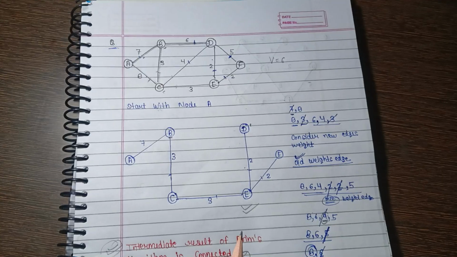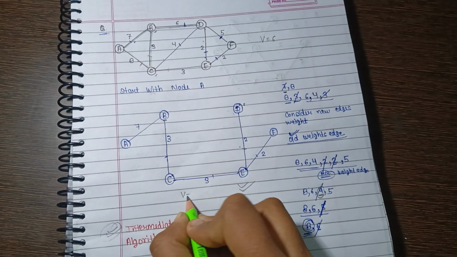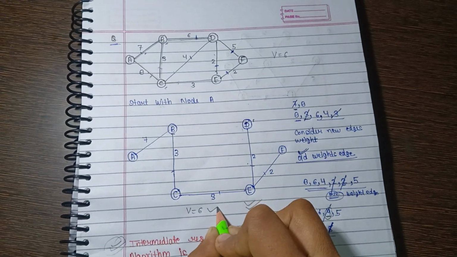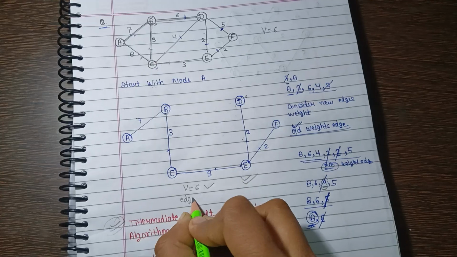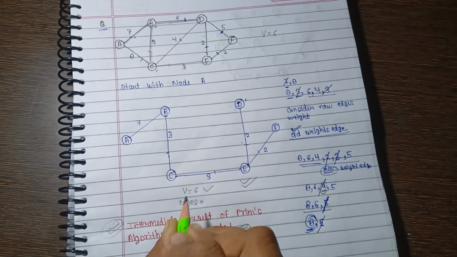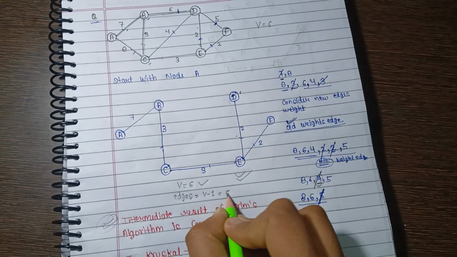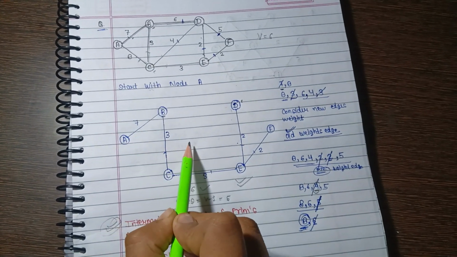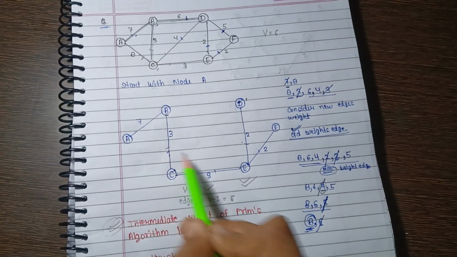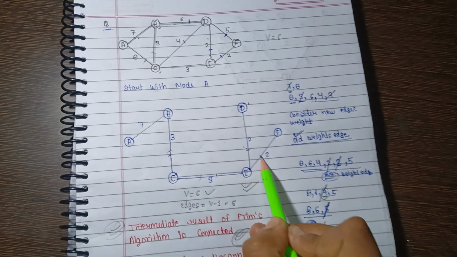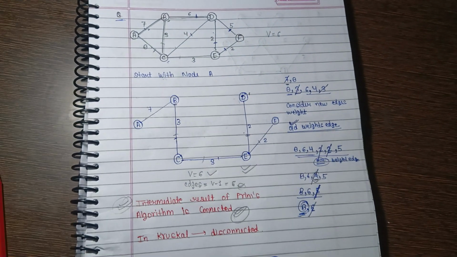We have to check this: 1 2 3 4 5 6. So here 6 also. This condition is satisfied. And how many edges must we have in Prim's? V minus 1, which is 5. We must have 5 edges in the minimum spanning tree: 1 2 3 4 5. So this is our minimum spanning tree.